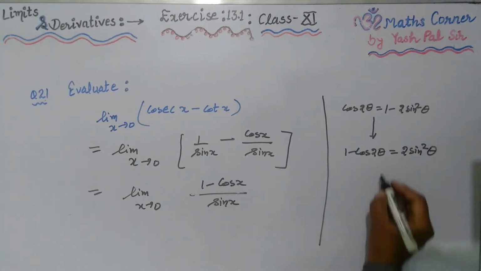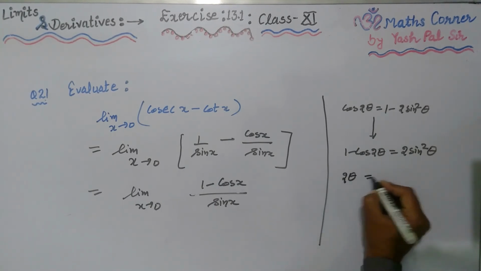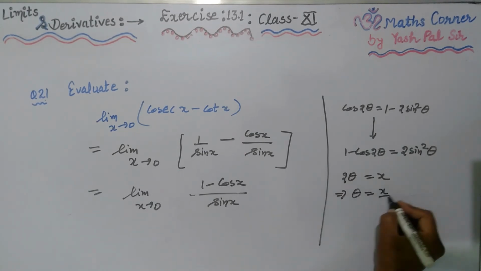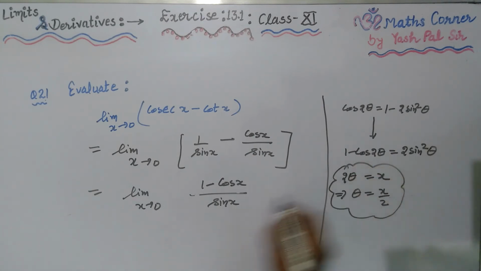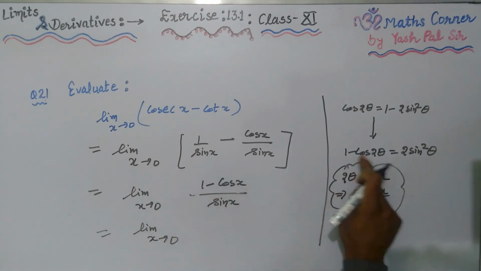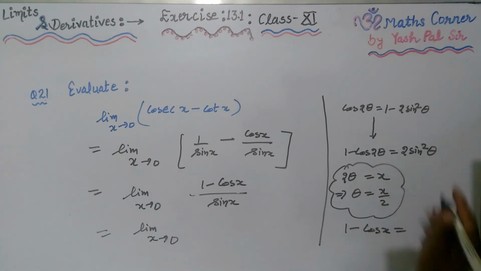Thereafter, in place of 2 theta we took 2 theta equal to x, which means theta is equal to x upon 2. So what we have now is limit x approaches 0 of 1 minus cos x, which becomes 2 sine square theta, with theta equal to x upon 2.